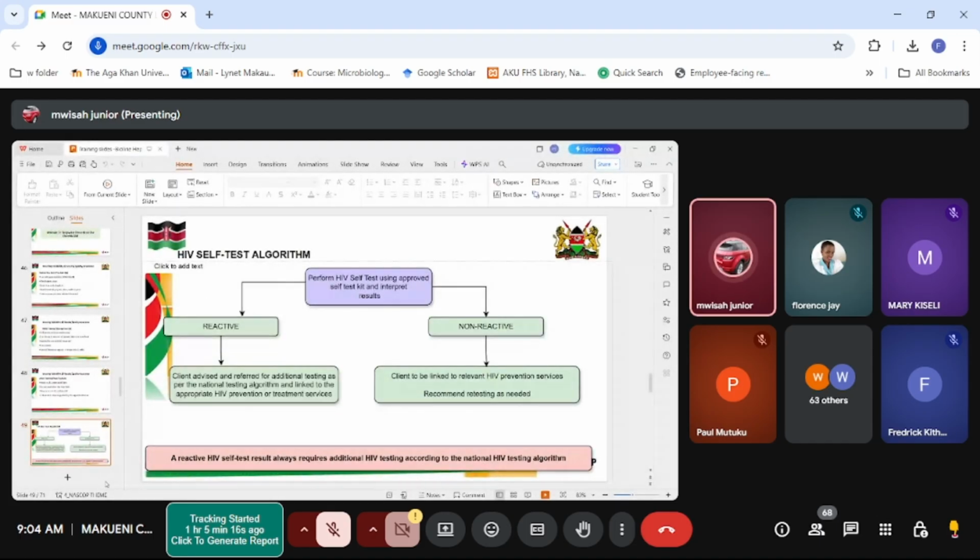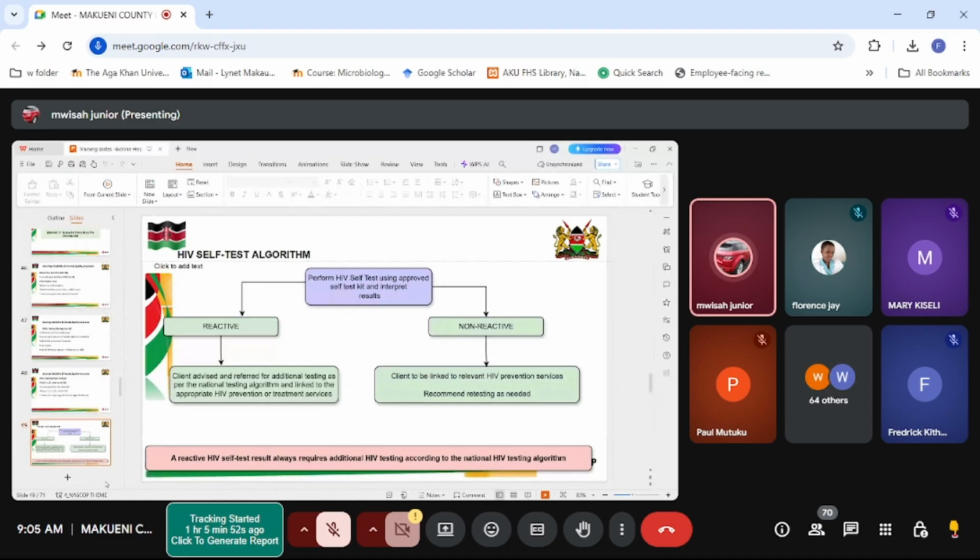And this is the algorithm whereby you perform an HIV self-test using an approved self-test kit and interpret the results. If it is reactive, your client is advised and referred for additional testing as per the national testing algorithm and linked to appropriate HIV prevention or treatment services. So if it is reactive, you refer the client to be tested using the normal testing algorithm in our facilities, in HTS and the other testing points.